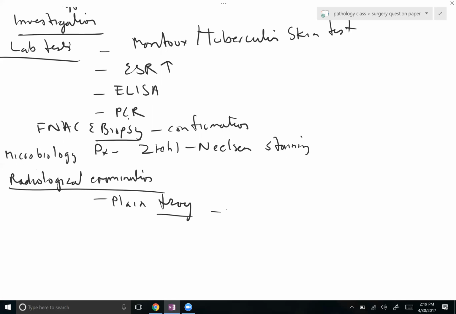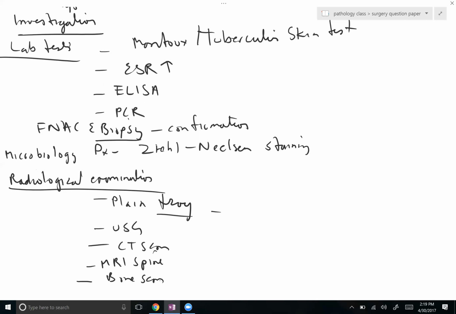Next, it can be diagnosed by ultrasound, CT scan, MRI spine, and bone scan. So the investigations are plain X-ray, ultrasound, CT scan, MRI scan, and bone scan.